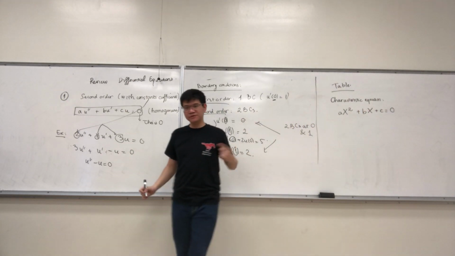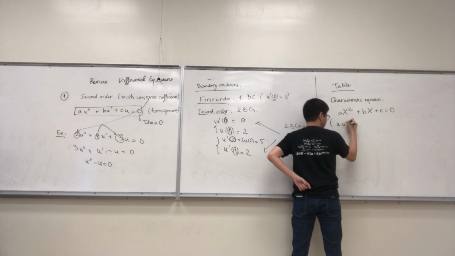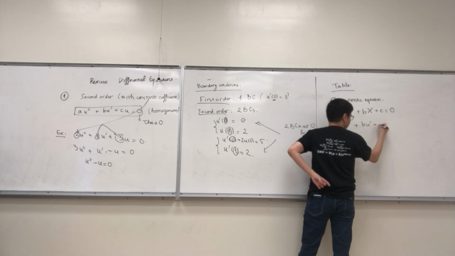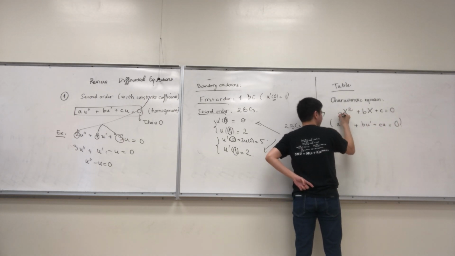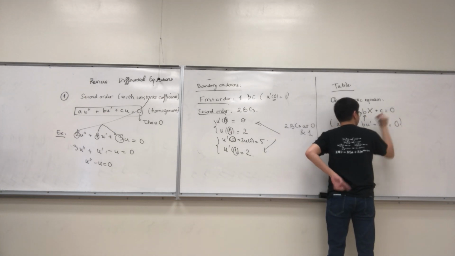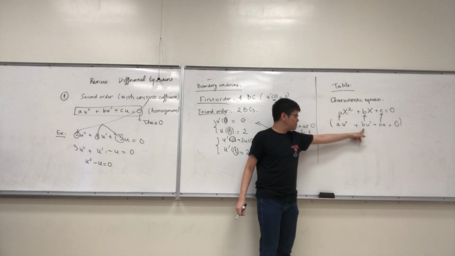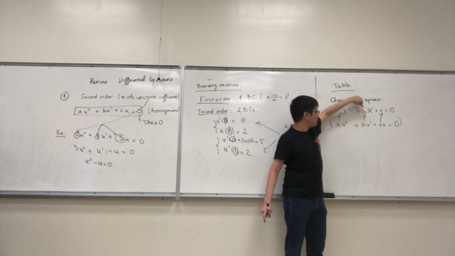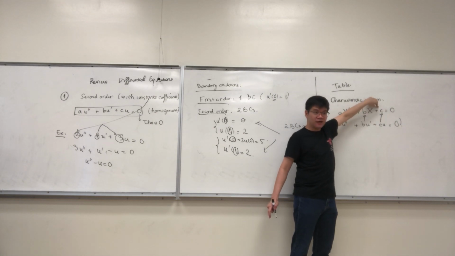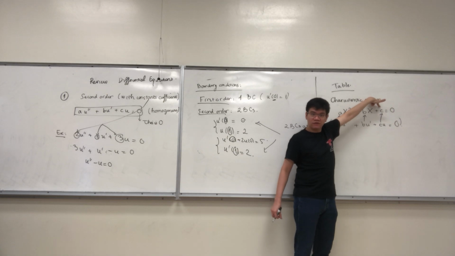So the characteristic equation associated to this one is like this. For an equation like a u second plus b u prime plus c u is 0, I'm going to put a to x squared, b to x, and c to the independent constant. All right.